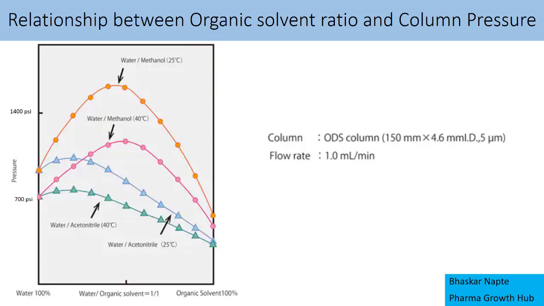So in case you are struggling with the back pressure and you are using methanol as your organic solvent, then it's a good point to replace methanol by ACN, and you will find a drastic change, or you can find a drop in column pressure. Giving temperature to your column can also help you in minimizing the column back pressure.